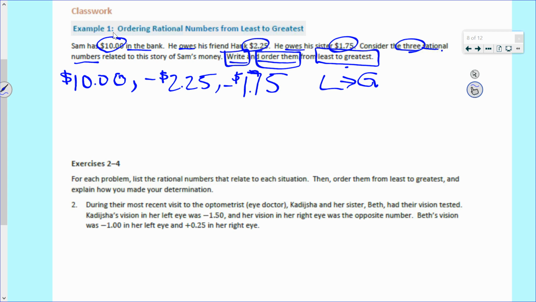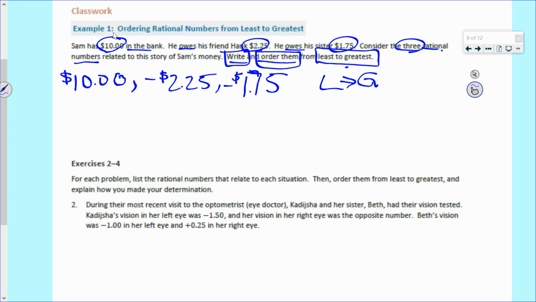Negative what? 175. How many think negative 1.75 is the smallest number? Raise your hand. How many think negative 2.25 is the smallest number? Raise your hand. Why are you not voting? You don't know which one it is? So negative 1.75 is smaller than negative 2.25, right?